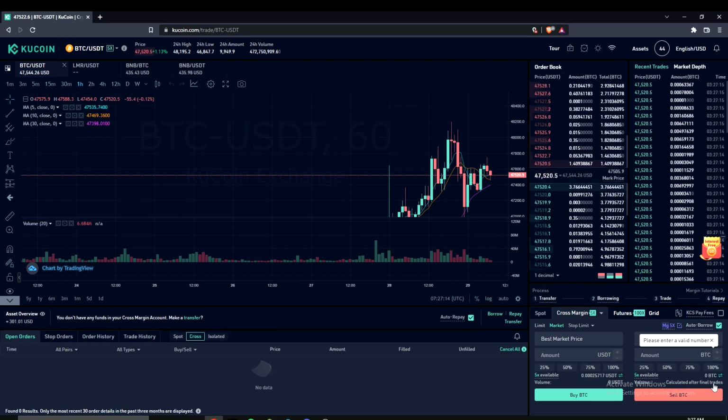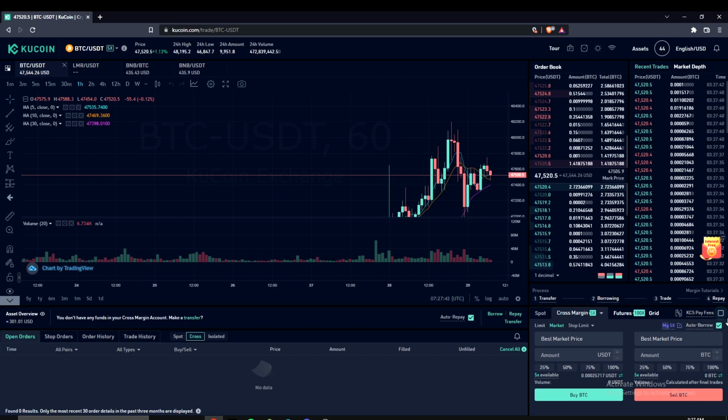Basically what that means is that you're selling 5 times whatever, basically $500 USDT worth of Bitcoin, and then turning that into USDT. Now that sounds a little confusing, so I'm going to simplify it a little bit. Basically, you have $100 that you margin off and give to KuCoin.